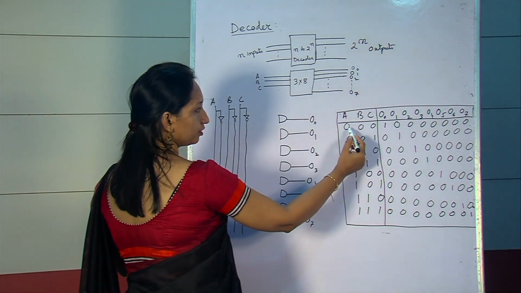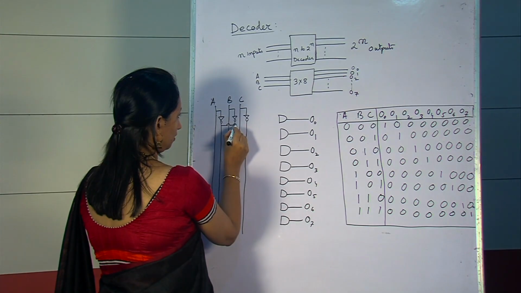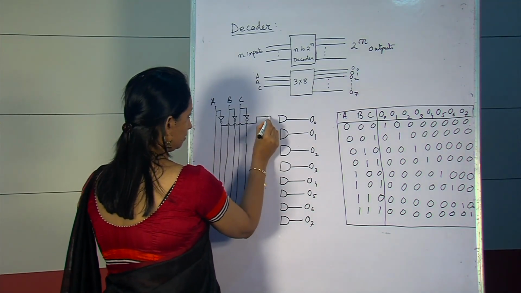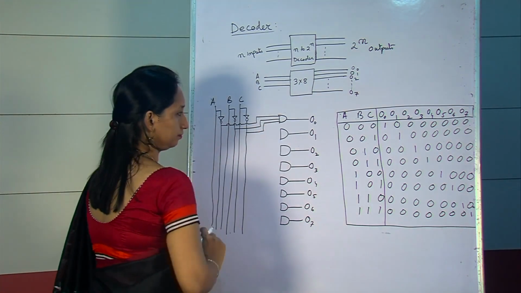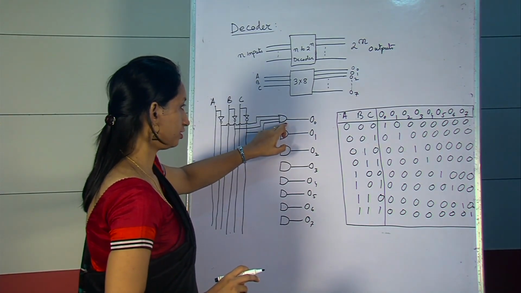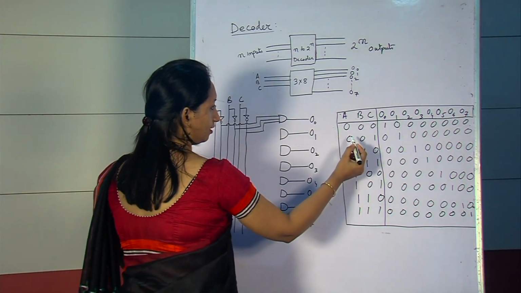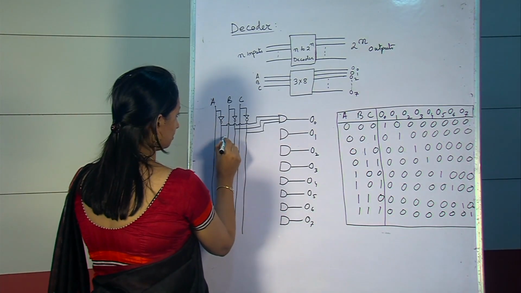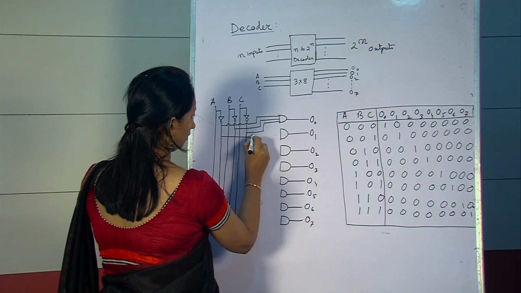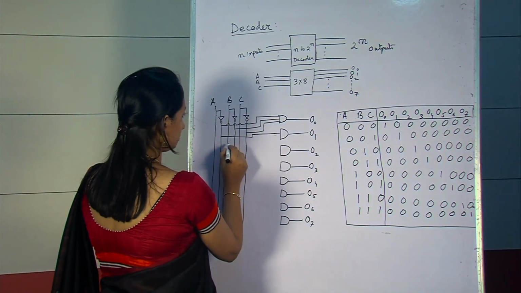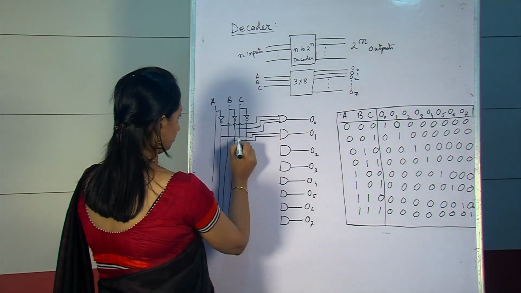For the first combination 0, 0, 0, that means when all the 3 inputs A, B, C are 0, the output of the first AND gate, that is O0, is high, it is selected. For the second case, 0, 0, 1, A is 0, B is 0, and C is high. So this is the high line.